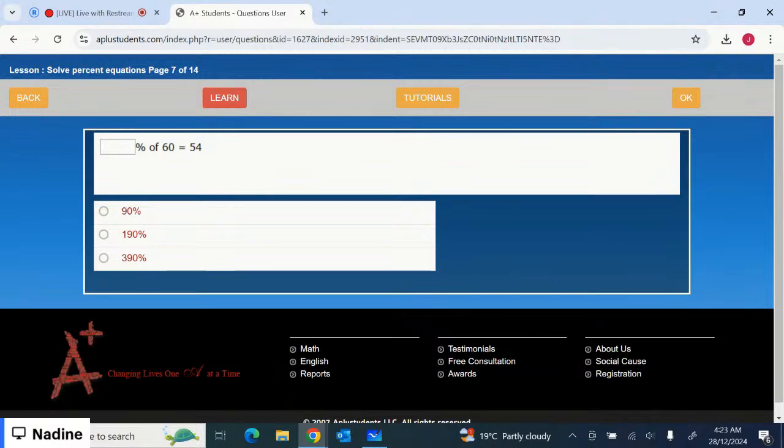What percent of 60 is 54? 90% of 60 is 54.